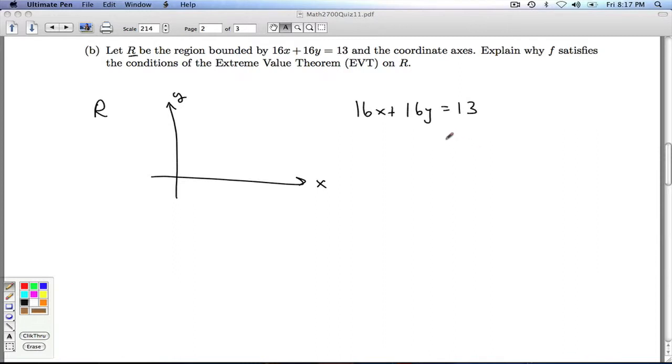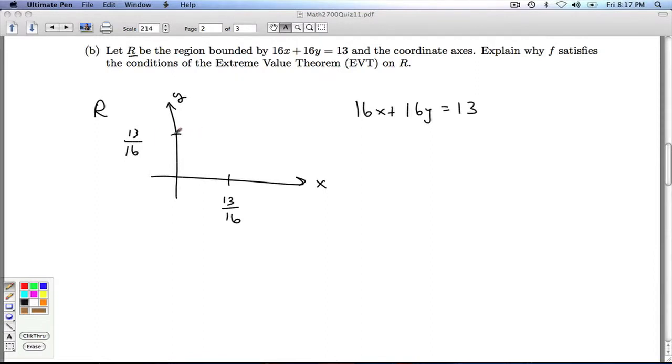If I wanted to graph this line, I could quickly find the intercepts. The x-intercept can be found by setting y equal to 0, so x is 13/16. So I'm going to call that 13/16 there, and it's symmetric, so we got 13/16 there.